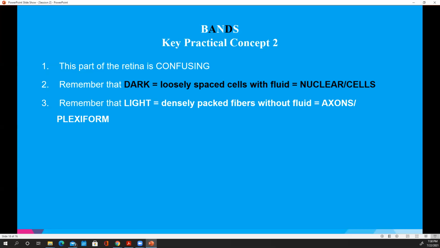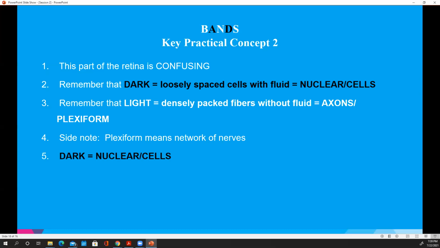And so those are going to be light. They're not going to be loosely spaced cells of fluid. They're going to be densely packed fibers with less fluid. And we in the retina know that those spots are usually axons, or another word for saying that is nerve fiber bundles like plexiform. Remember, plexiform means network of nerves. Does this make sense? Yes.